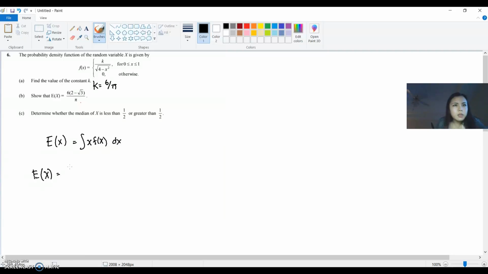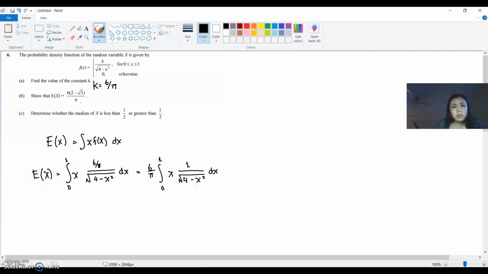Since k is 6 over pi, it's x times f of x, 6 over pi for k, over the square root of 4 minus x squared dx. Since k is still a constant, we can leave that out. And this is from 0 to 1. Remember, our domain is restricted.